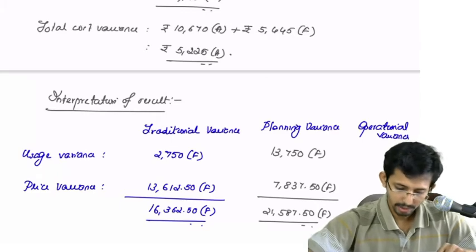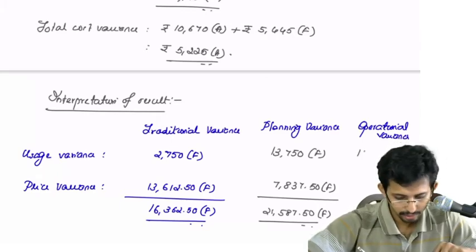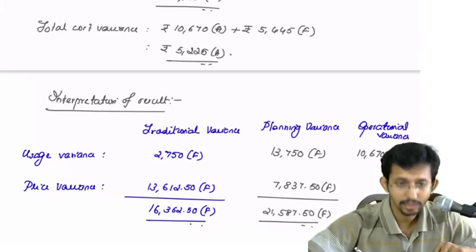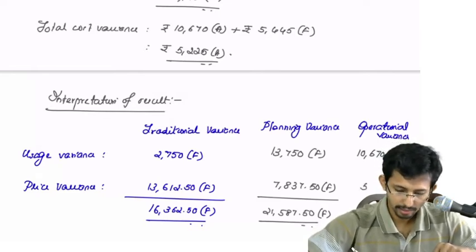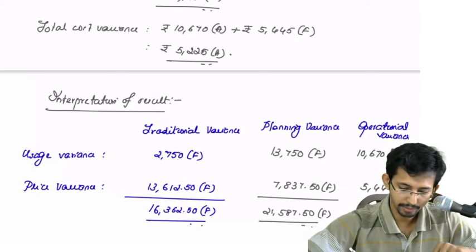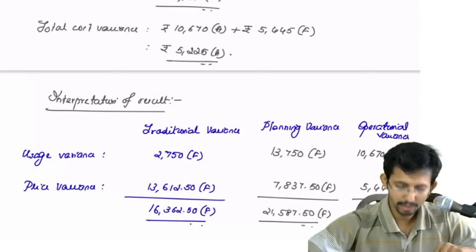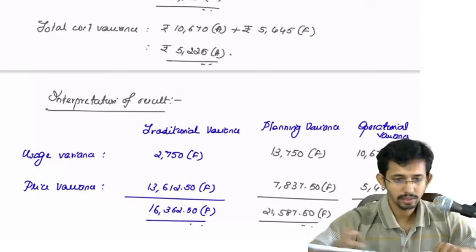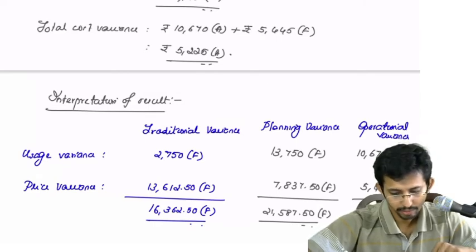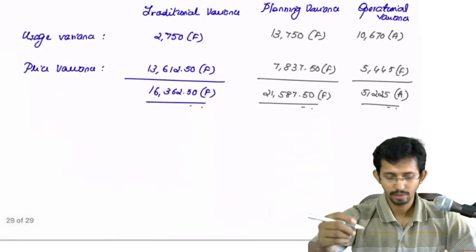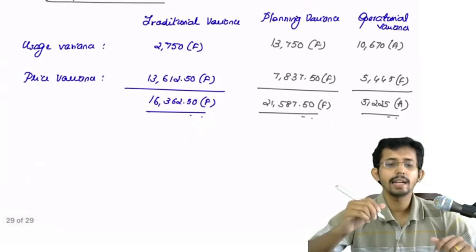Operational variance usage is 10,670, then 5,445. Total is what? 5,225 adverse.